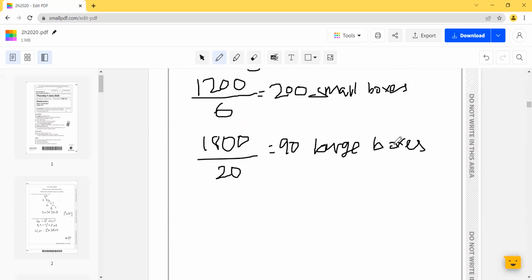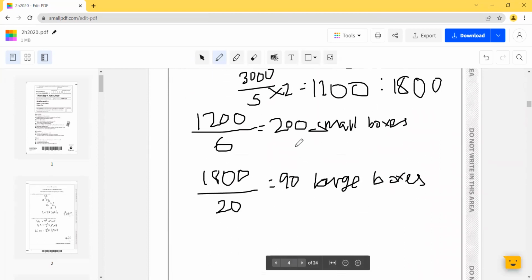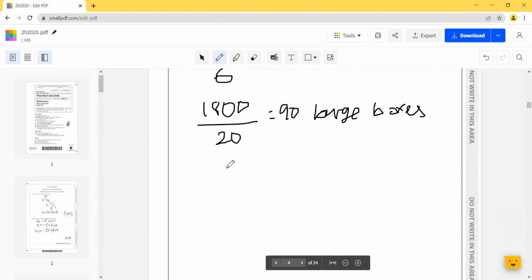Okay, so now we have to see if the number of large boxes as a percentage is less than 30%. We have to check if that's true or not.